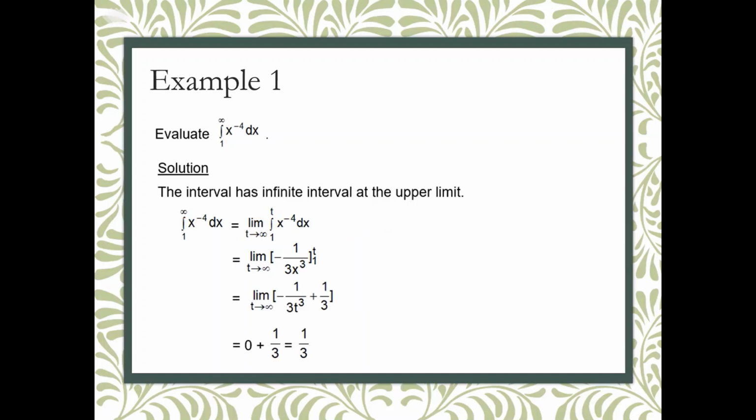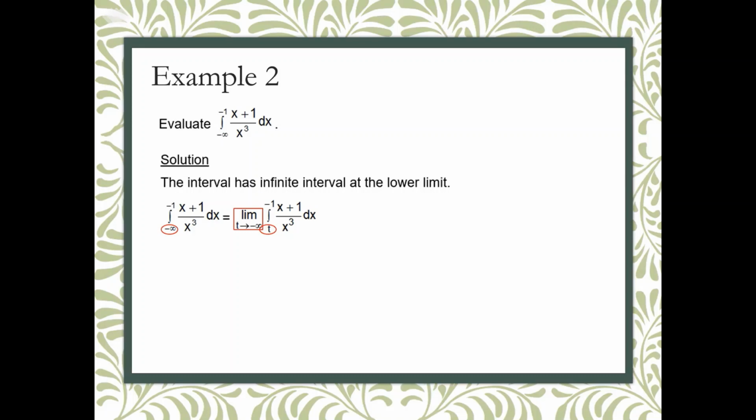Substitute the interval inside and replace the t with infinity. Simplify, you will obtain a definite answer, which is 1 over 3. As the limit exists, the function is said to be converged.